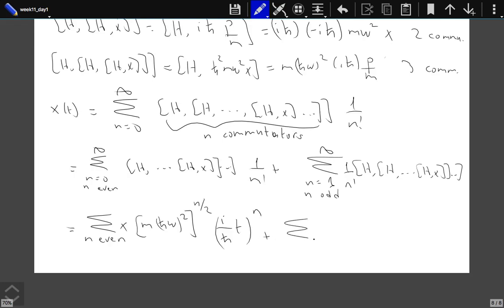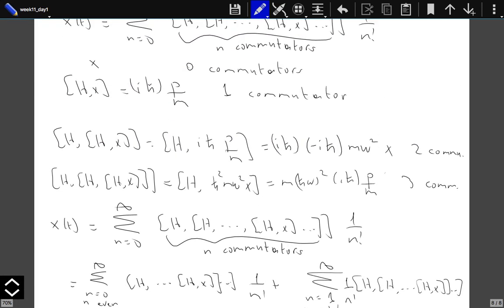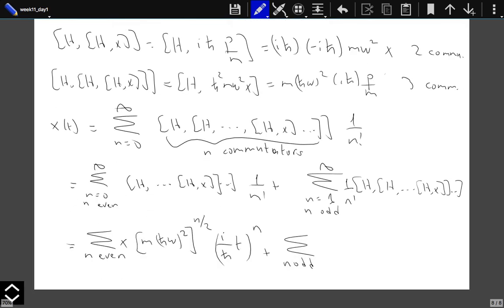Plus the sum over all odd terms. The first commutator is i h bar p over m. The third commutator is again proportional to i h bar p over m. The fifth commutator will still be proportional to i h bar p over m.